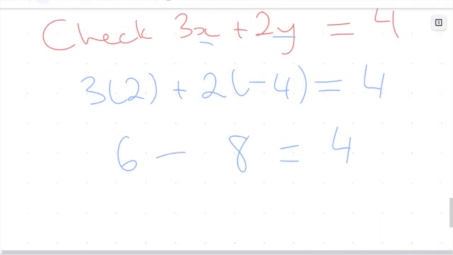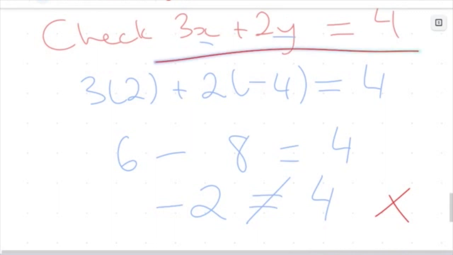And when I subtract 8 from 6, I get -2. Now, -2 does not equal 4. So if my point, when I sub it in, does not satisfy my equation, it does not lie on this line. So my point doesn't lie on this line 3x plus 2y equals 4. So this is definitely not the intersection point because it's not even a point that lies on this line.